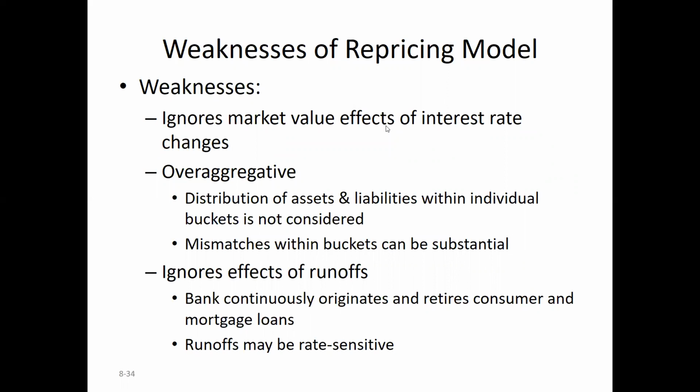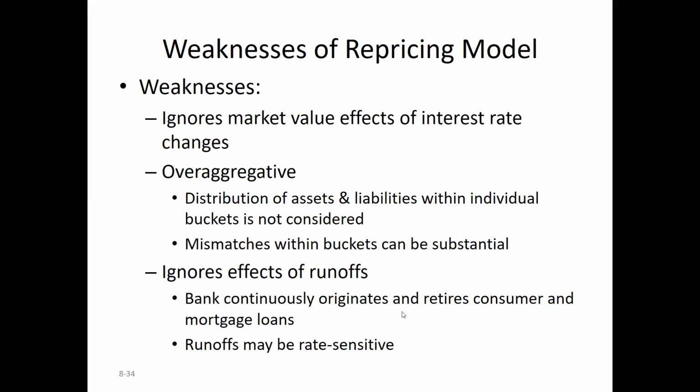So the weakness of the repricing model: it ignores the market value effect of interest rate changes, because everything is repriced from its book value. It always faces mismatches within the brackets that can be substantial, and it ignores the effects of runoffs.